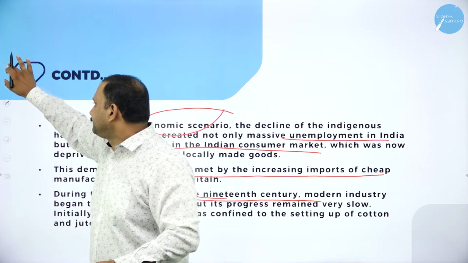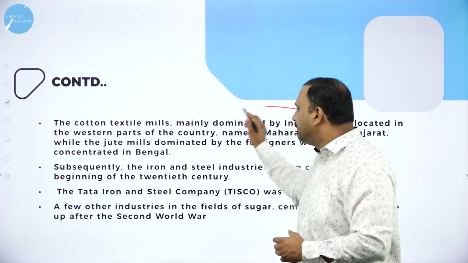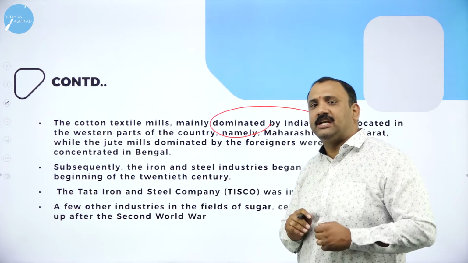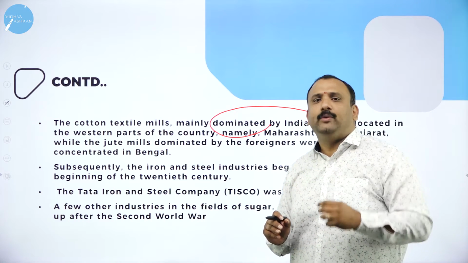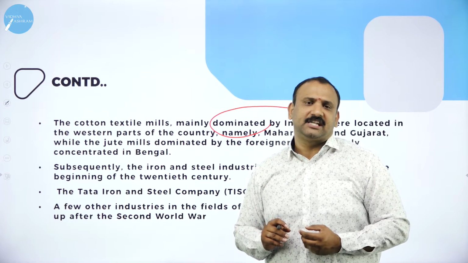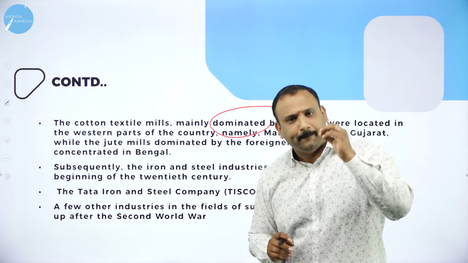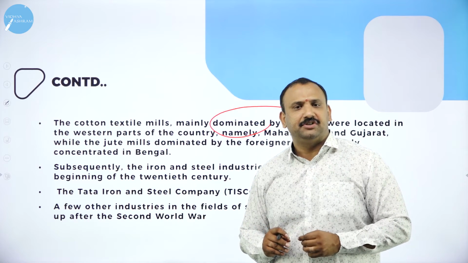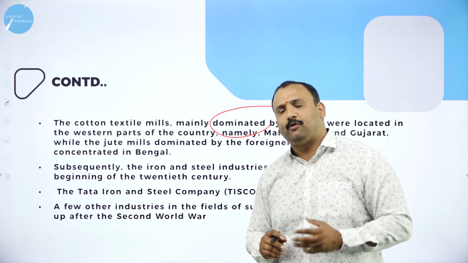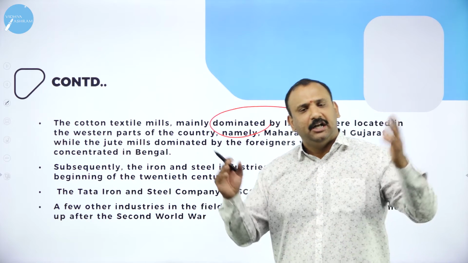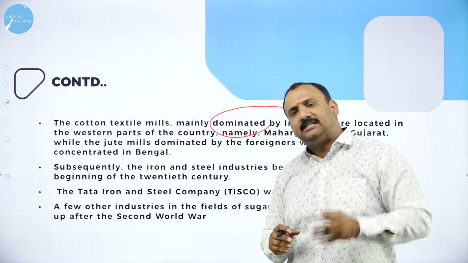Moving forward. The cotton and textile industry was mainly dominated by Indians. Now we started focusing on textile. On one side, when we left the handicraft, on the other side, we started pitching in terms of textile. So Bombay and Gujarat, the state of Maharashtra and the state of Gujarat, were the prominent centers for the textile industries altogether. Even now, Surat, a place in Gujarat, is known for Asia's largest textile market. It's one of the most vibrant and biggest markets that you can think about, and there were the jute mills in West Bengal.